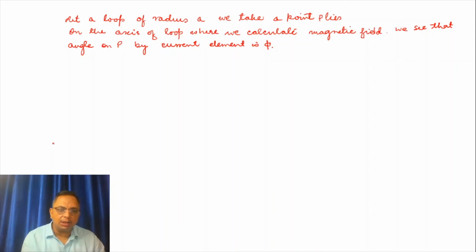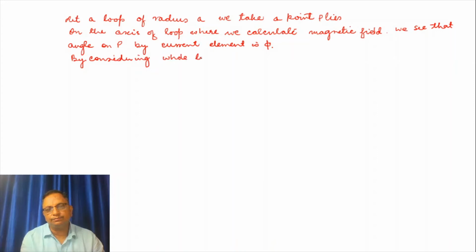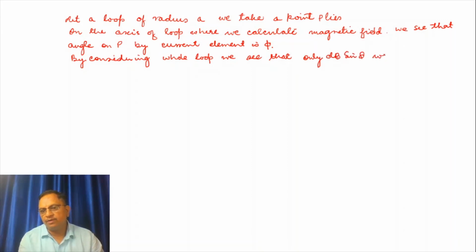If we consider the whole loop as a current element, we see that only dB sin phi will provide the resultant magnetic field.